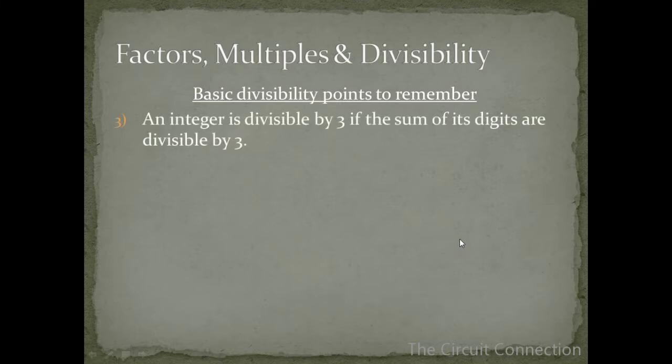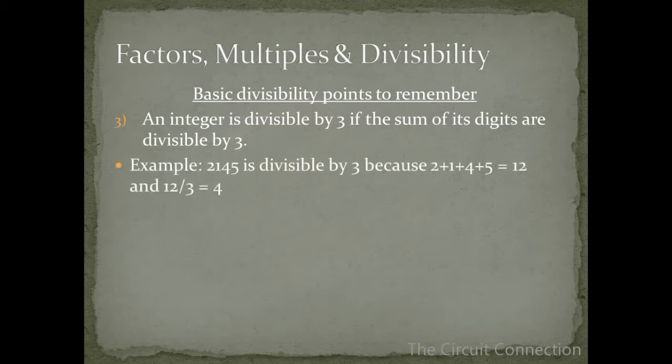Number 3, an integer is divisible by 3 if the sum of its digits are divisible by 3 as well. So for example, 2145 is divisible by 3 because when we add up 2, 1, 4, 5, we get 12, and 12 over 3 equals 4.